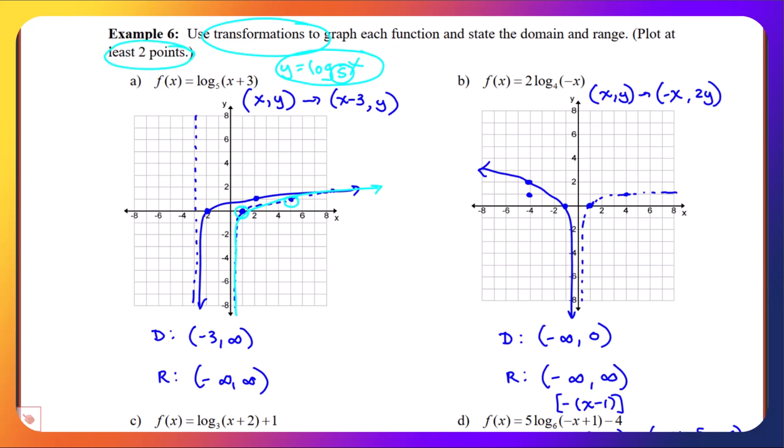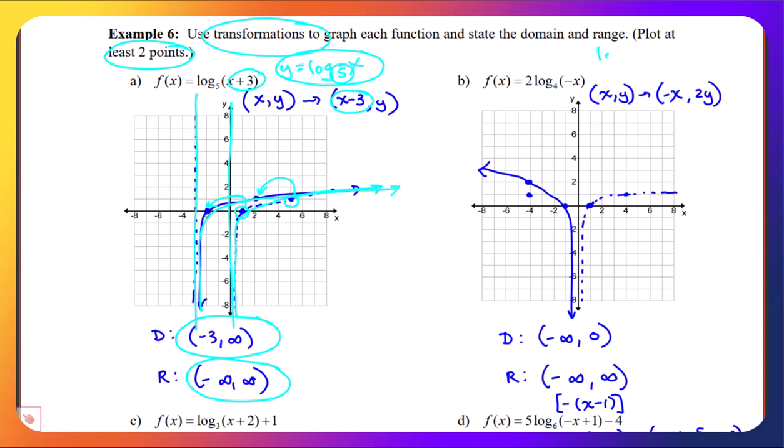And then if I take that log graph and move it to the left 3 units, this point goes to the left 3 units, and this point goes to the left 3 units. The vertical asymptote used to be x equals 0. Now the vertical asymptote is x equals negative 3, and I have the new solid blue graph. The graph goes from -3 to the right to infinity, and it goes down forever and up forever.